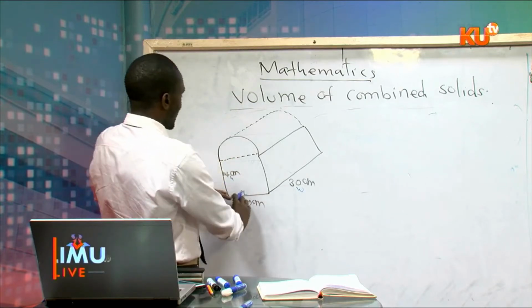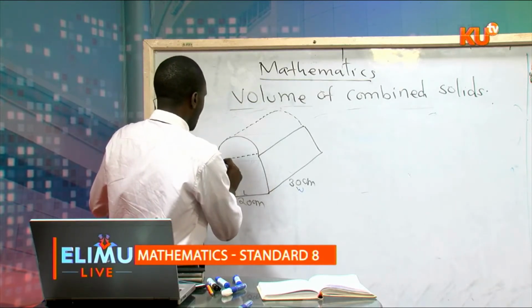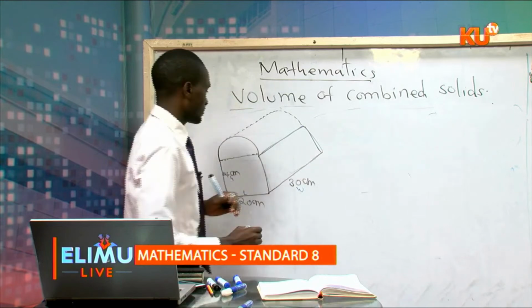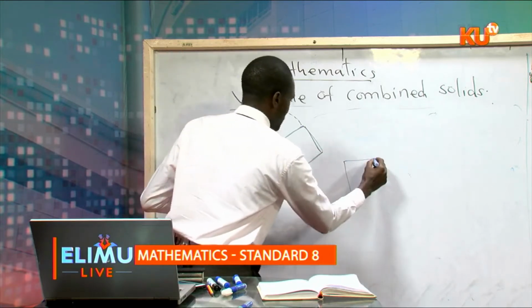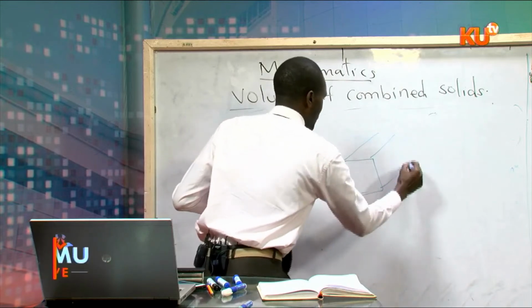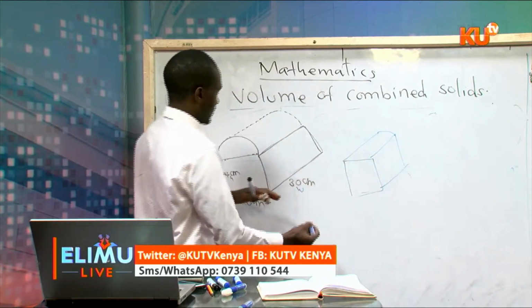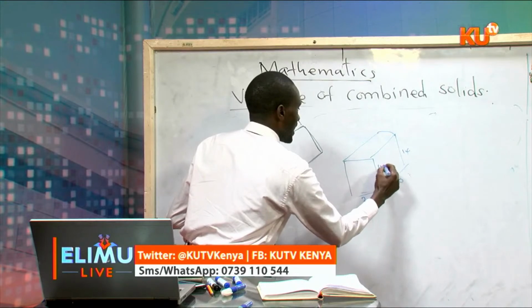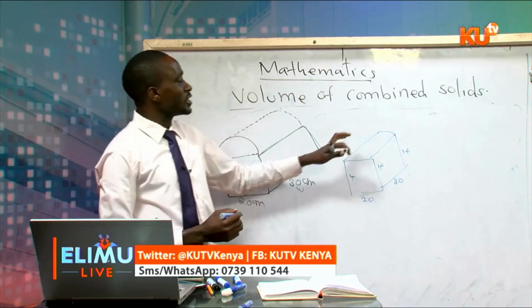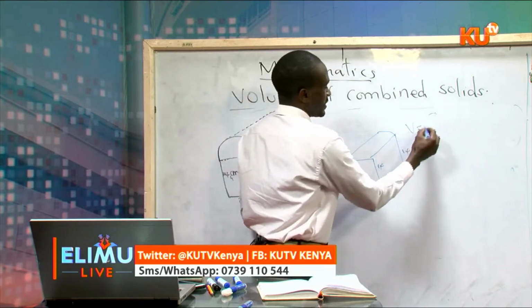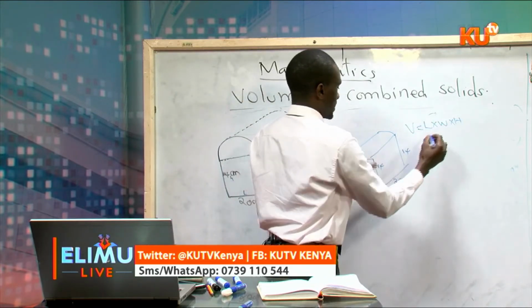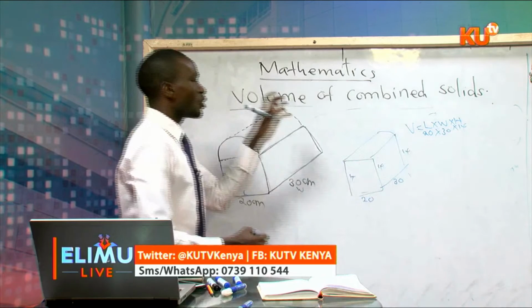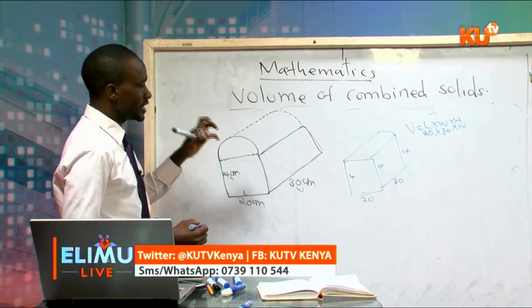Length times width times height, we are dealing with a cuboid. Volume is length times width times height, which is 20 times 30 times 14. That is the cuboid.